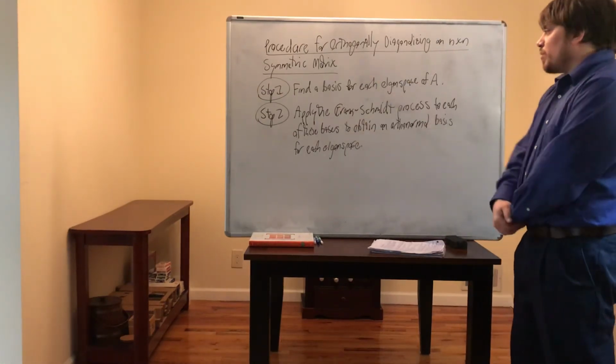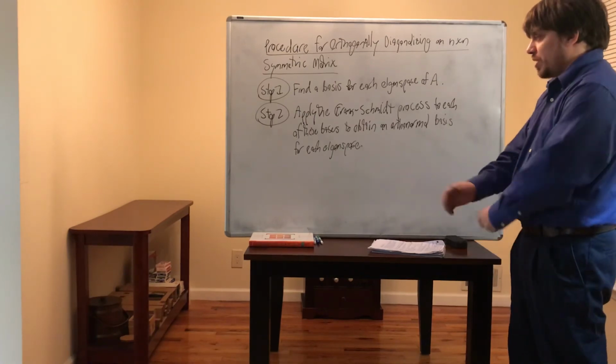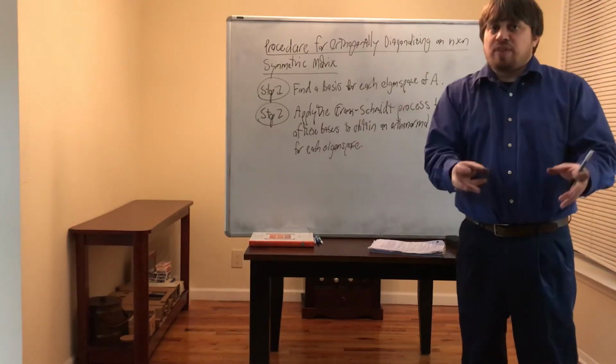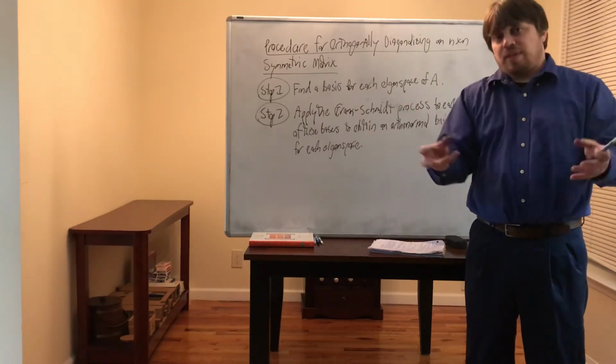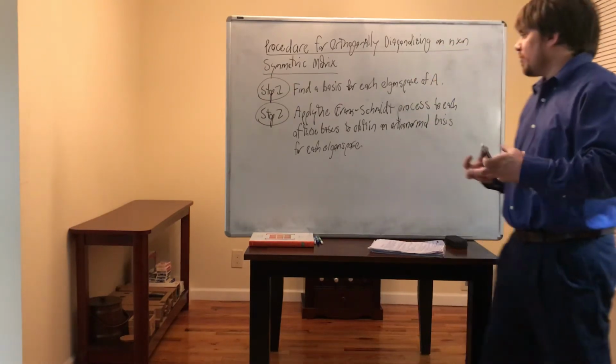So step two, apply the Gram-Schmidt process to each of these bases to obtain an orthogonal basis for each eigenspace, okay? So when you have each eigenspace and you find a basis for each eigenspace, because each eigenspace is a vector space with bases, right? So you find a basis for each eigenspace, okay?